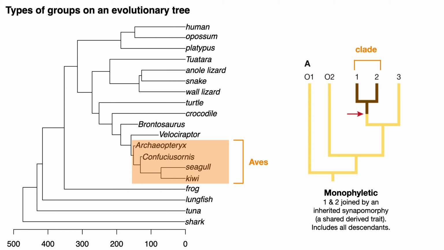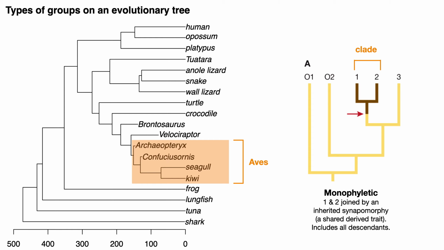So all of the species that are boxed off here within Aves share one single common ancestor at the node with Archaeopteryx, and that includes all of the descendants of it, both the extinct ones as well as the living species. And again, what always defines clades are inherited, shared, derived traits.